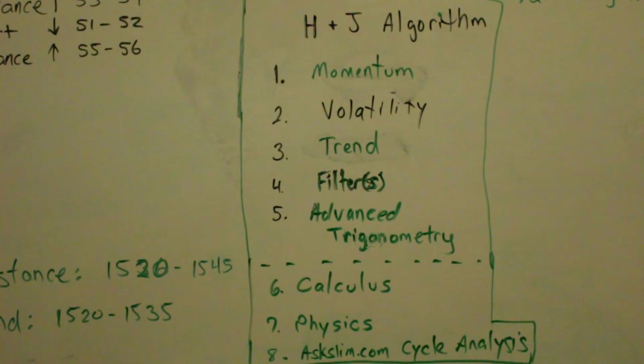And then physics, which is basically just the study of the physical world around us. You could think of Sir Isaac Newton. Believe it or not, classical physics or classical mechanics do play a part in how we go about viewing trading. It may seem strange, but you'd be surprised how relevant it really is.